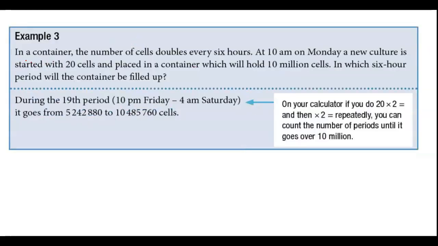In a container, the number of cells doubles every 6 hours. So it is an exponential growth. At 10 a.m. on Monday, a new culture is started with 20 cells and placed in a container which holds 10 million cells. In which 6-hour period will the container be filled? In this question, what is one period? The first period is the initial 6 hours.